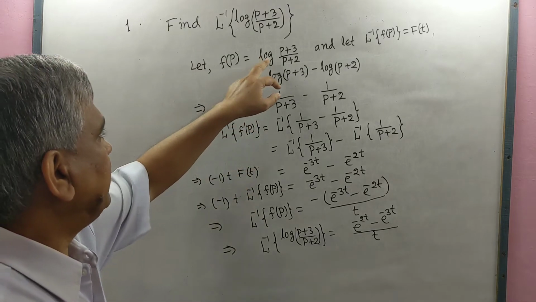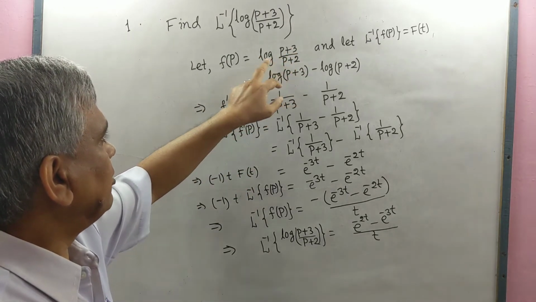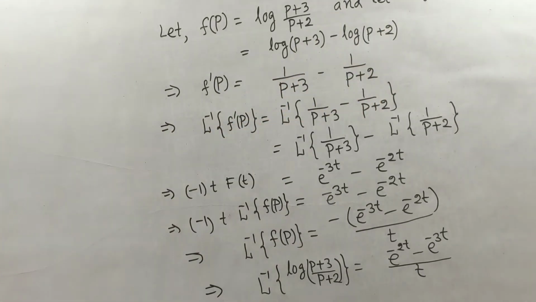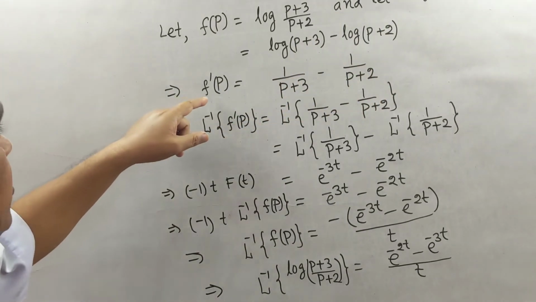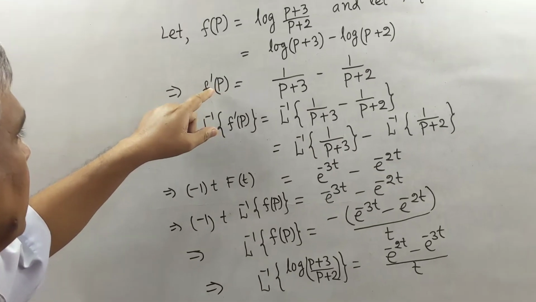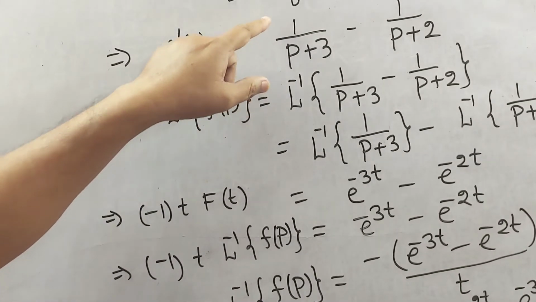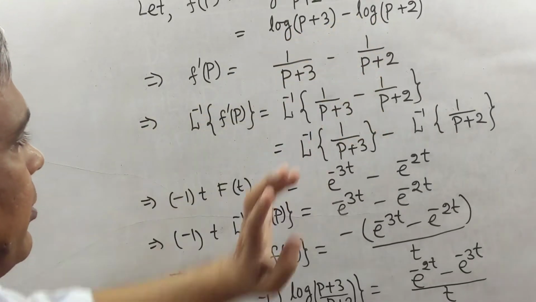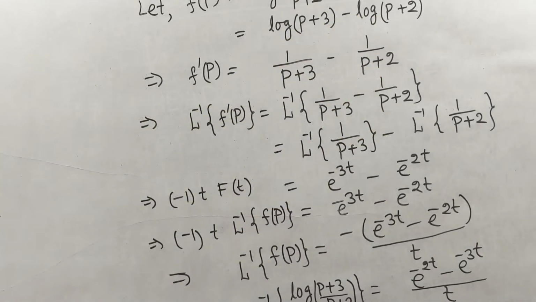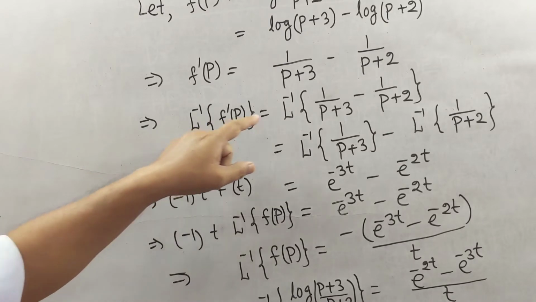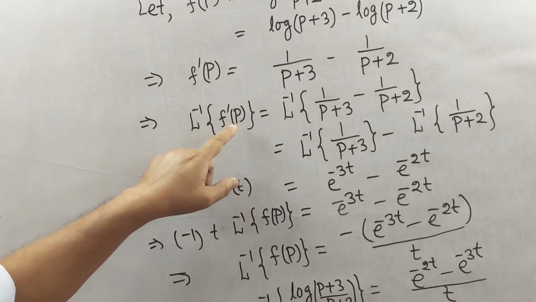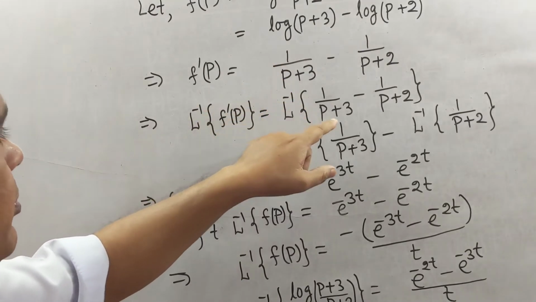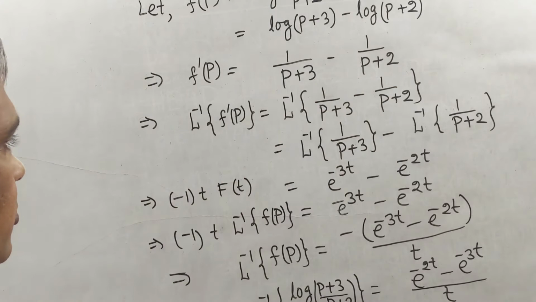So log (p+3)/(p+2) equals log(p+3) minus log(p+2). We differentiate both sides with respect to p. F dash p equals 1/(p+3) minus 1/(p+2). Now take L inverse on both sides. L inverse F dash p equals L inverse 1/(p+3) minus 1/(p+2).